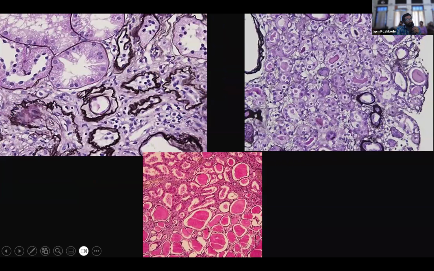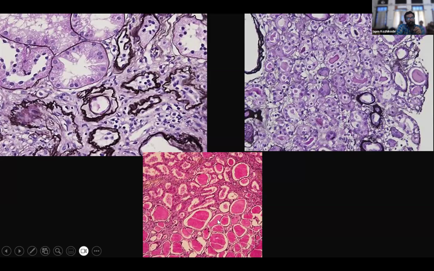There are various types of tubular atrophy also. Sometimes you get wrinkled, thickened tubules like this. Sometimes you may get smaller ones, but it is not looking that bad, maybe a little beautiful also. This is an endocrine type of atrophy. It looks like an endocrine organ, like your parathyroid sections. That is another type of atrophy.